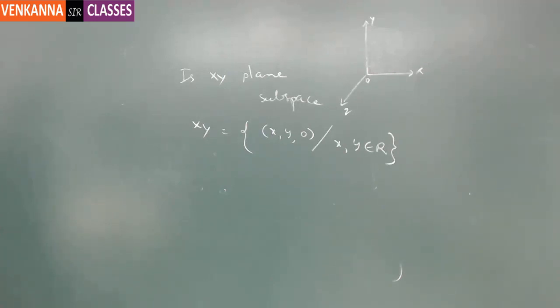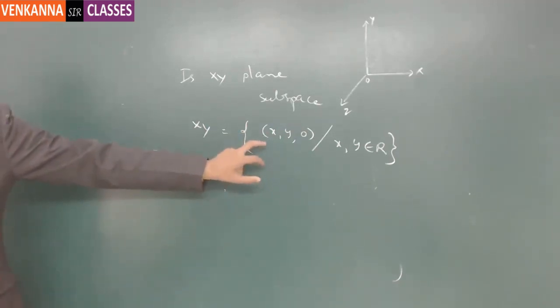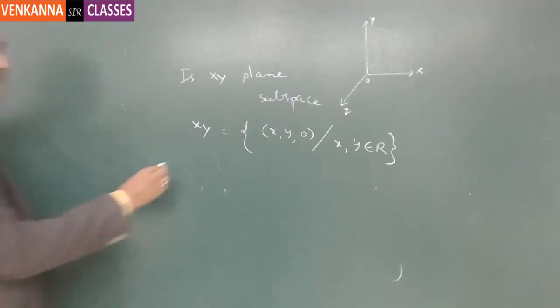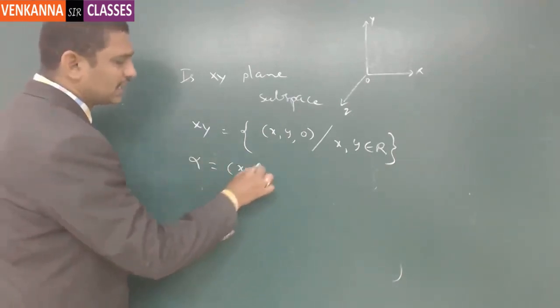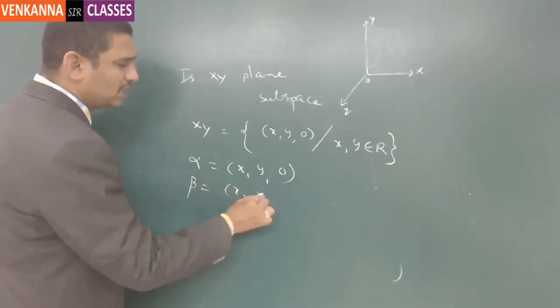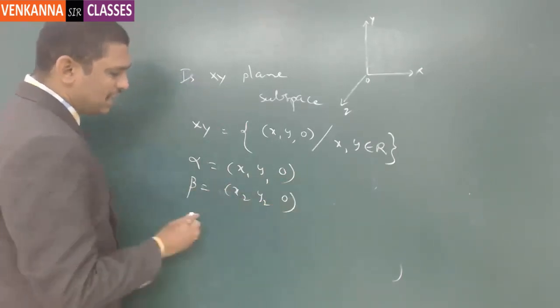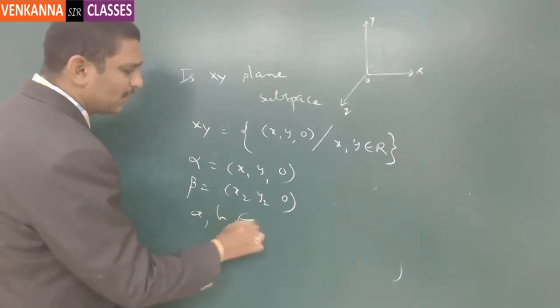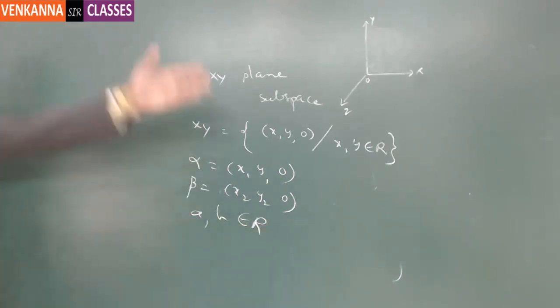Right. So if I want to say that it is a subspace, you take any two vectors. If you calculate A alpha plus B beta, the result must be in this form. So you take alpha equal to any point x1, y1, 0, beta equal to any point x2, y2, 0, and you take any two numbers a, b which are real numbers, because the number field is nothing but real numbers.